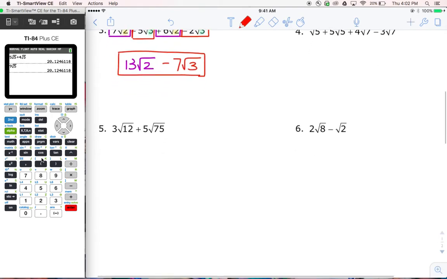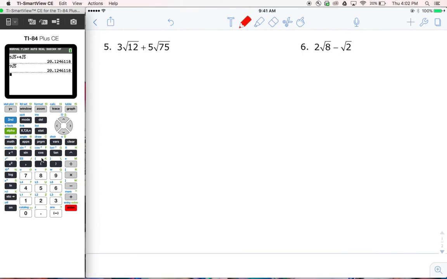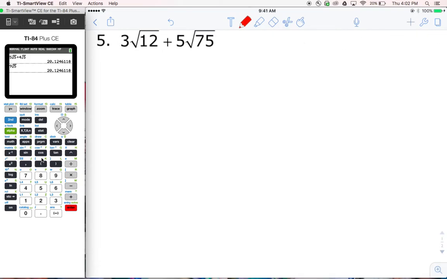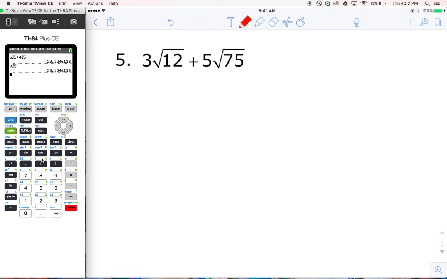Okay, problem number 5. Now this time, there's nothing we can do, or so it seems, right? So what we have to accept is that if there's nothing we can do, before we move on, let's check if we can simplify. And in this case, we definitely can. So we're going to apply our knowledge of simplifying these square roots. We're going to make our factor trees. I'm going to use 4 times 3 for 12.